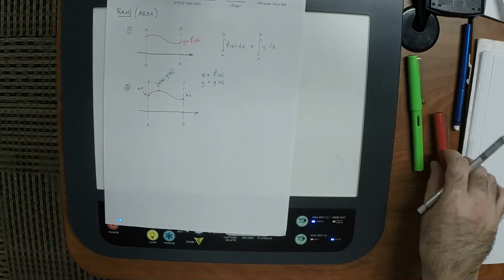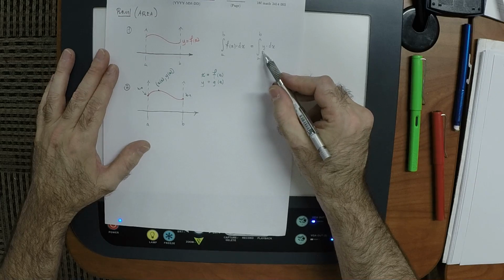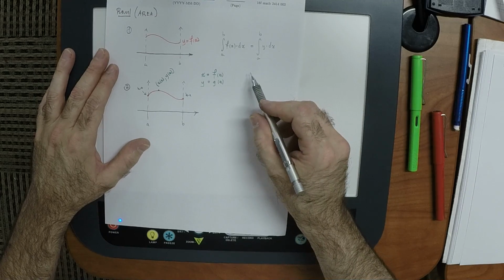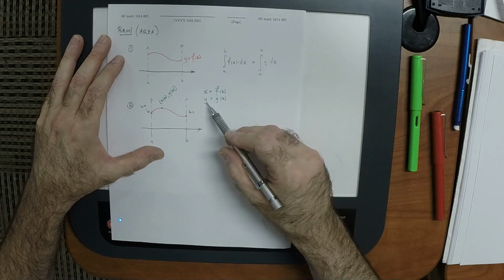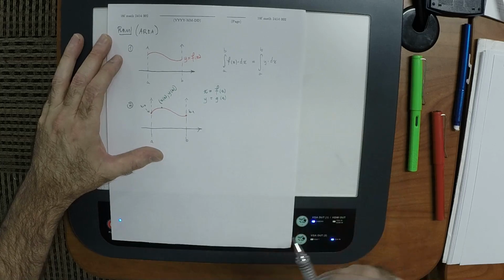So now let's make the substitution. So how do we do it? Specifically, we're going to put g of t right there. But what do we replace with dx?